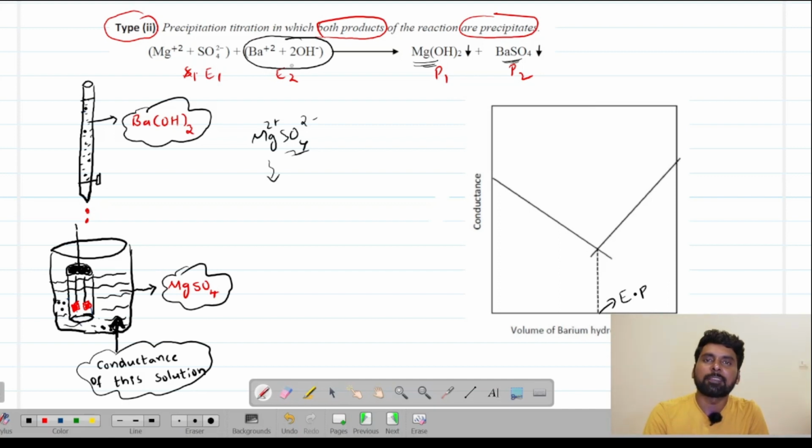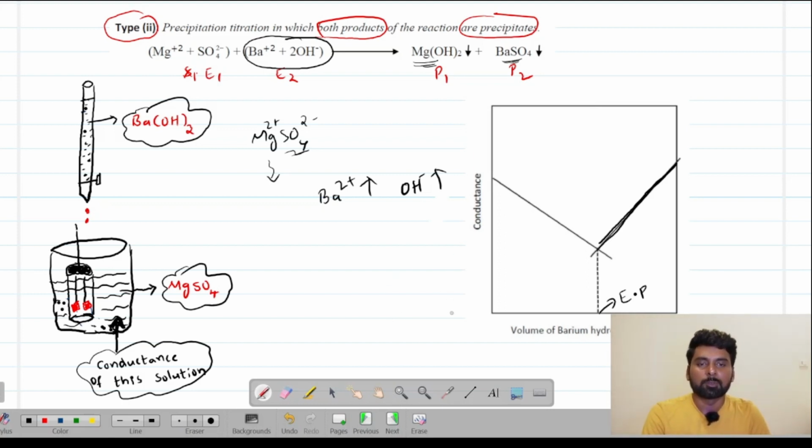So after the endpoint, when you continue the addition of barium hydroxide, no precipitate forms, and the barium ions increase and OH minus ions also increase. So the conductance keeps on increasing. That is the reason why it is increasing. So this is about the precipitation titrations.